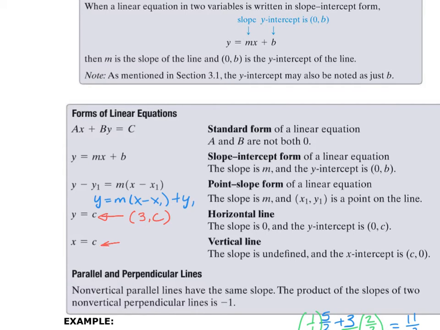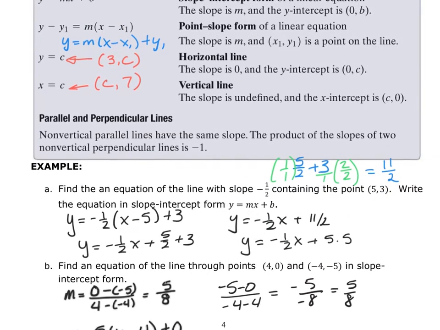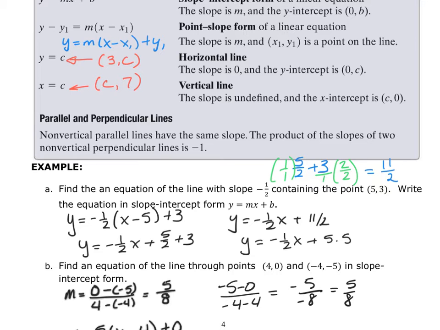If I had C, 7, then x is equal to whatever C is. So we're just putting in the x or the y part for the C. We don't really care about the intercept in and of itself unless it's asking, but that x or y value is what we write for y equals or x equals for the horizontal and vertical lines.